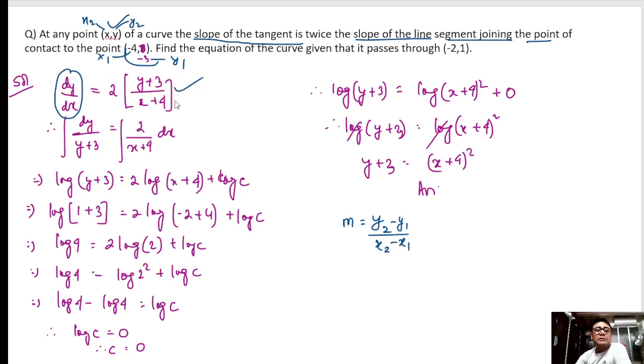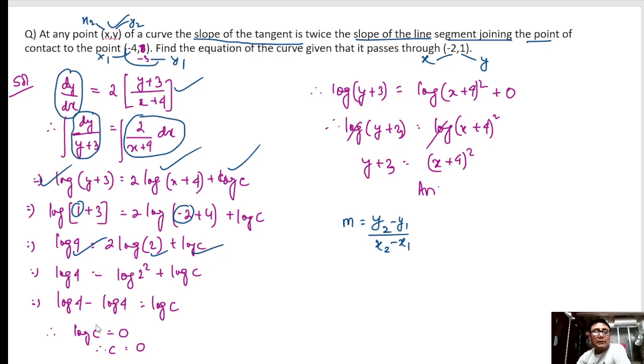Slope of the tangent is twice the slope of the line joining these 2 points. And now we have to separate the y and the x and integrate it. So this is this. Now putting the value, it passes through (-2, 1), so putting x as -2 and y as 1, we get this.